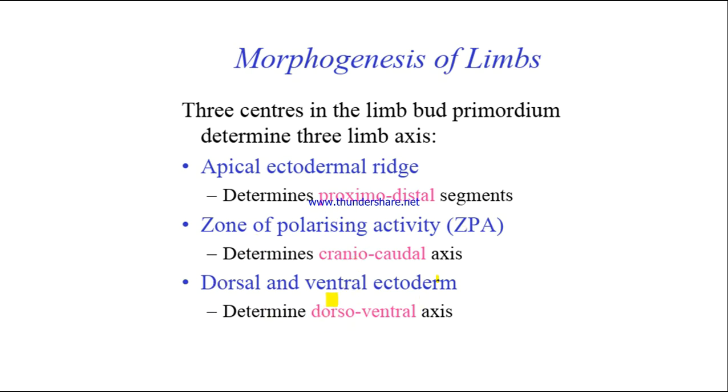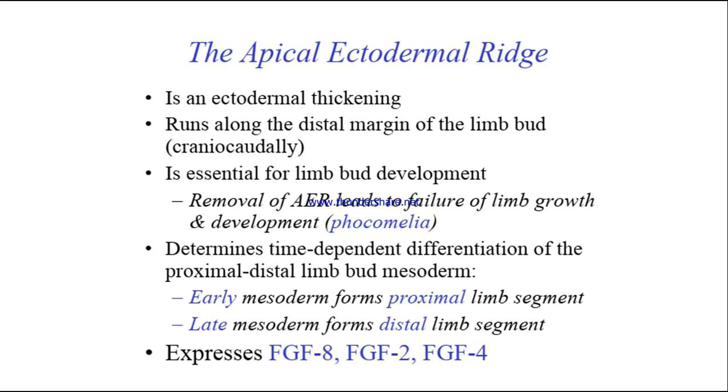This is important because we need to be aware of where the ZPA is and how it works in relation to the craniocaudal axis, and the dorsal and ventral ectoderm in relation to the dorsal-ventral axis. So having an understanding of the folding patterns is very important.